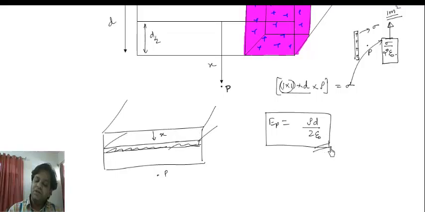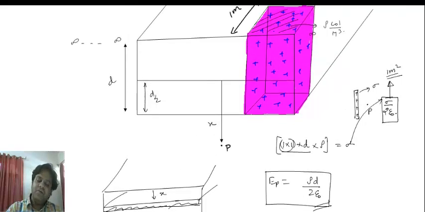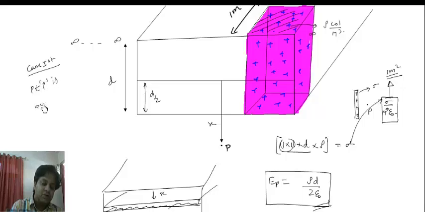I would have got the same result in that case also, right? So that was the case when the point P was outside. So let it be case first: point P is outside the slab.